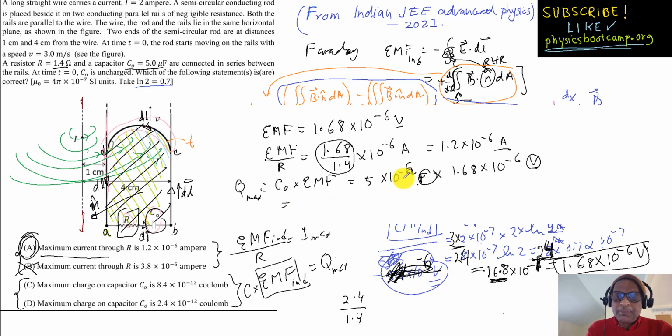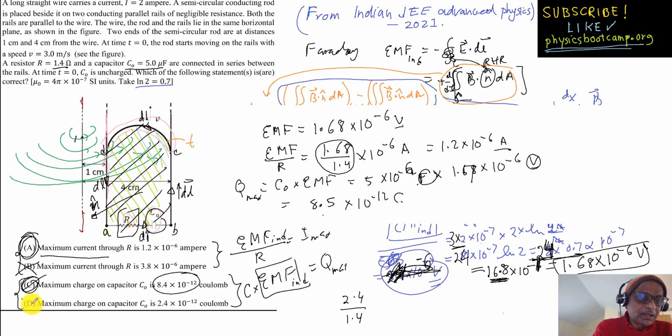So it will be 8.4 times 10 to the minus 12 coulombs. So this is going to be this guy. So this is correct, and this is correct, and this is not correct. So that's how you do this problem.